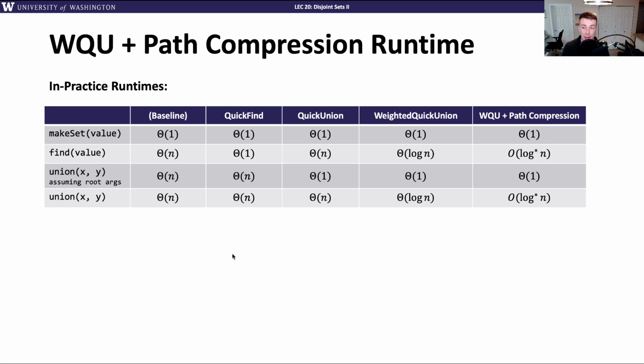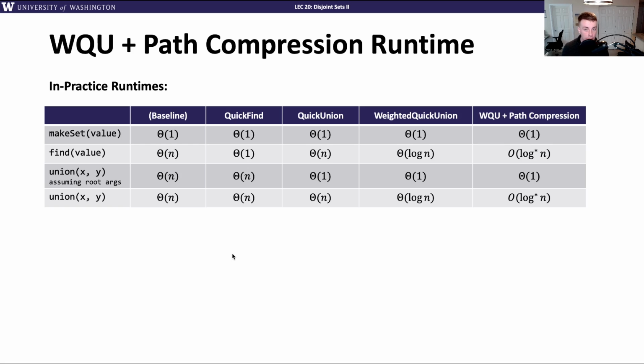So to recap everything we've just seen, we went on a journey starting from our baseline, which was mapping set IDs to all the elements in that set, to quick find, to quick union, to weighted quick union, and now path compression. We started with really bad runtime, where every operation was O of n, which was just not great. Then with weighted quick union with path compression, we got it down to basically constant time for every operation in the disjoint set.